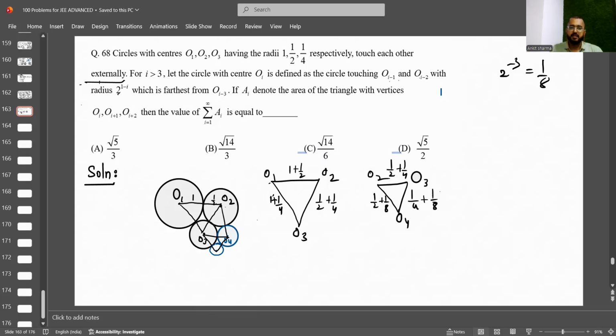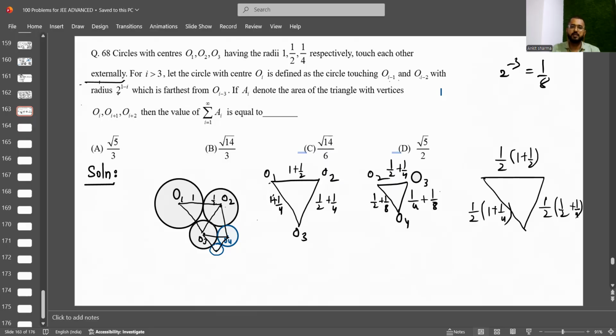So if we see this triangle here, if I take half common from each of them, I get here 1 plus 1 by 2. If I take half common here, I get 1 plus 1 by 4. And if I take half common, then I get 1 by 2 plus 1 by 4.